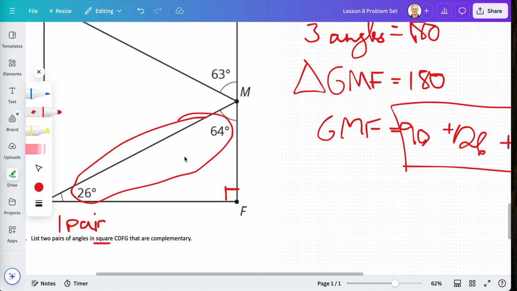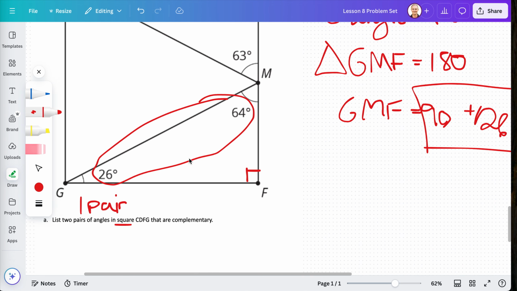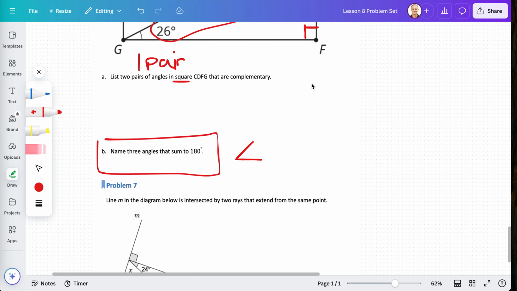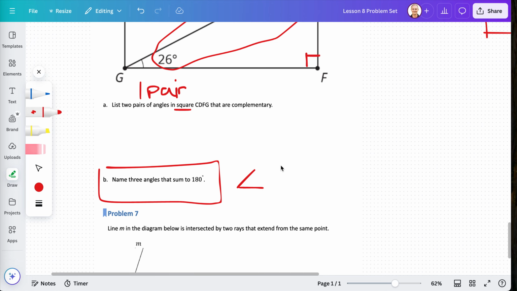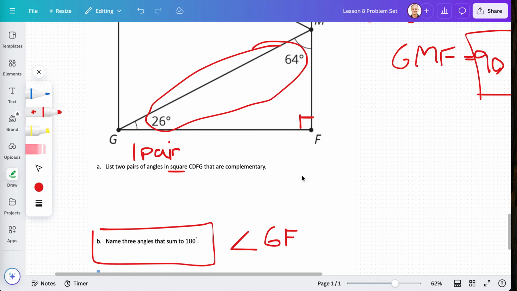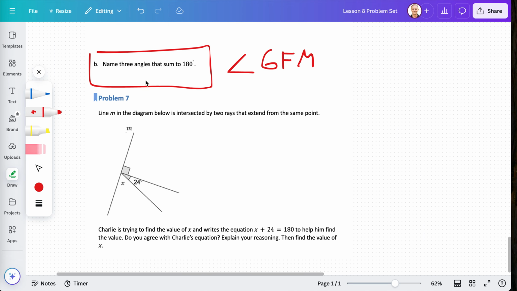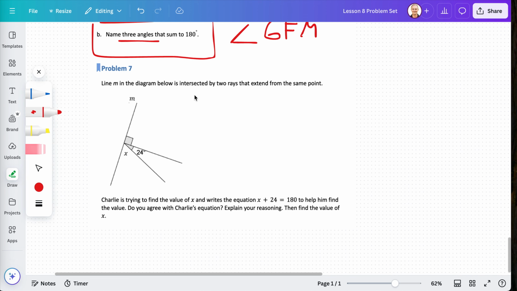See if you can find another and make sure you double check because I don't know what I'm doing. 3 angles that sum to 180 degrees. Yeah, again, use 3 letters, G, F, M will be this angle here. And you need 3 angles.